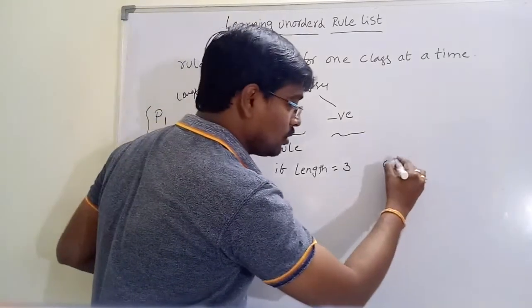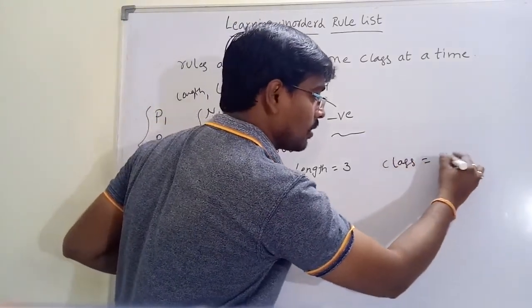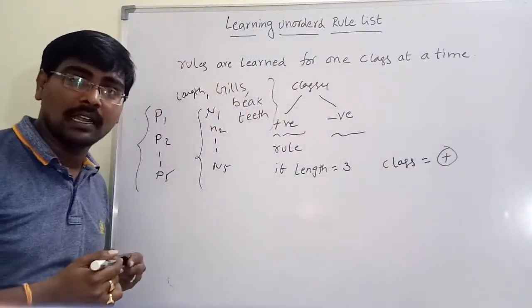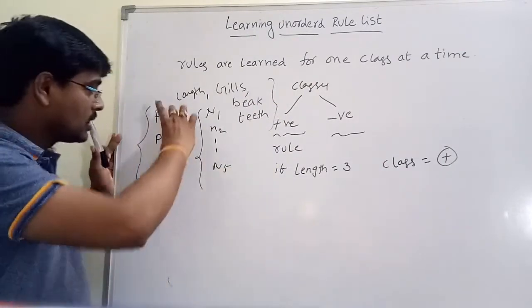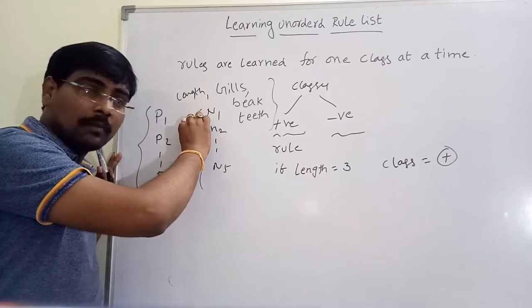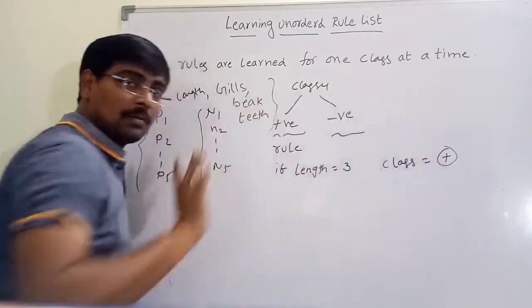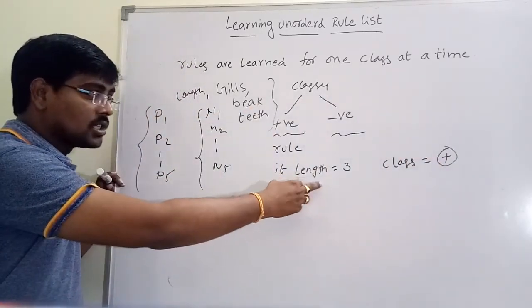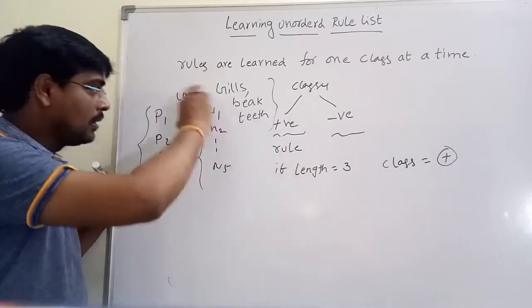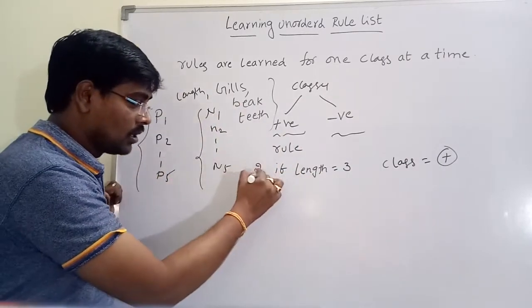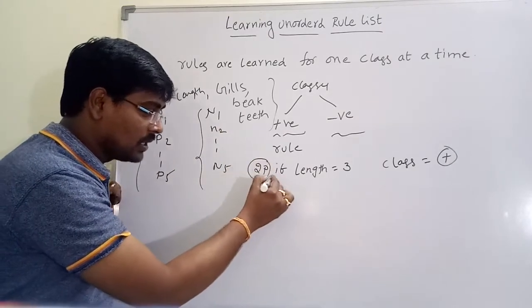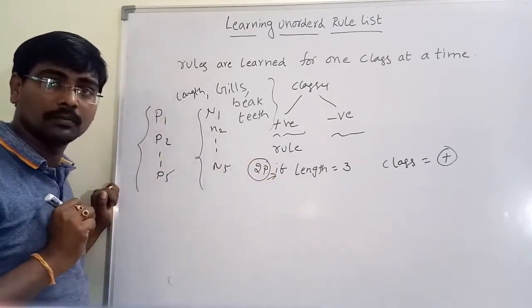Suppose if length is equal to 3, I treat this as a positive class. That means, among all these statements, if length is equal to 3, obviously that is considered a positive class. By this rule, in those 10, 2 statements are covered. Suppose 2 positive statements come under this rule.